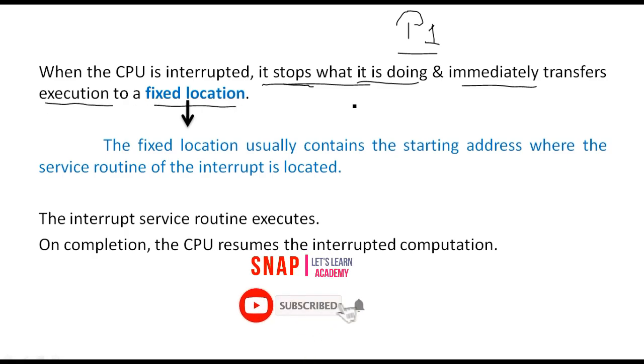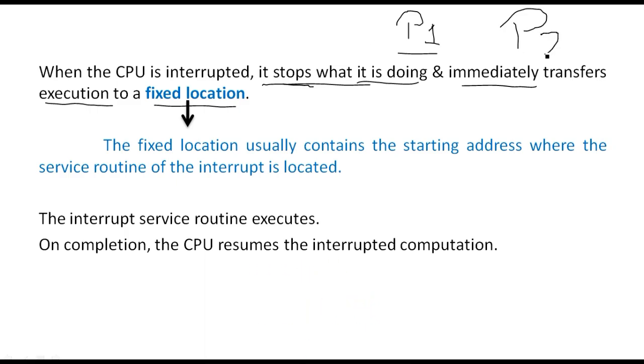What is meant by fixed location? Now the higher priority P2 is entering, so it will go to the fixed location. That fixed location usually contains the starting address where the service routine of the interrupt is located.